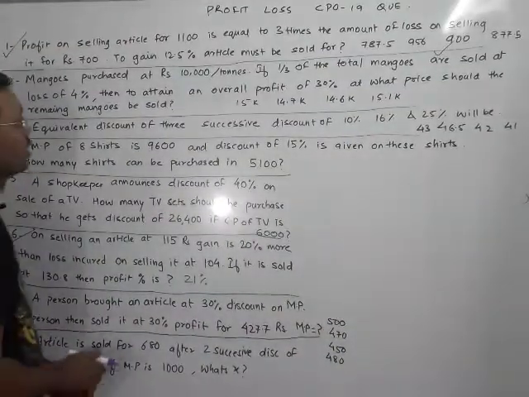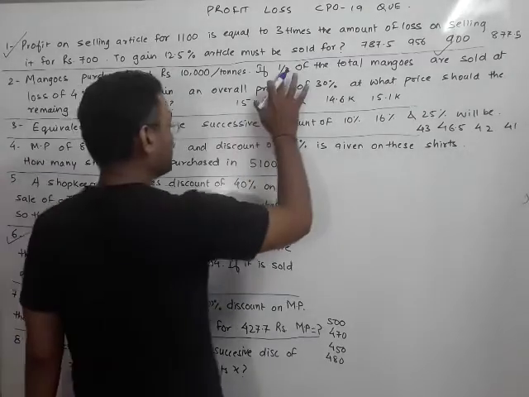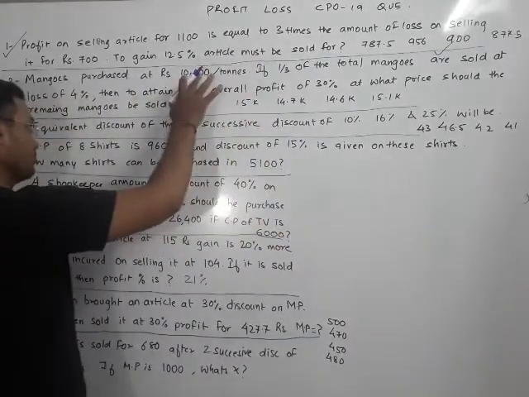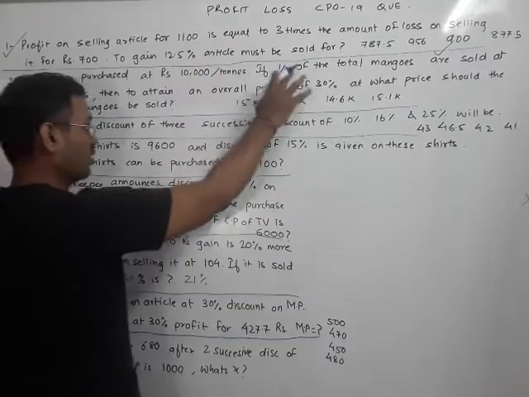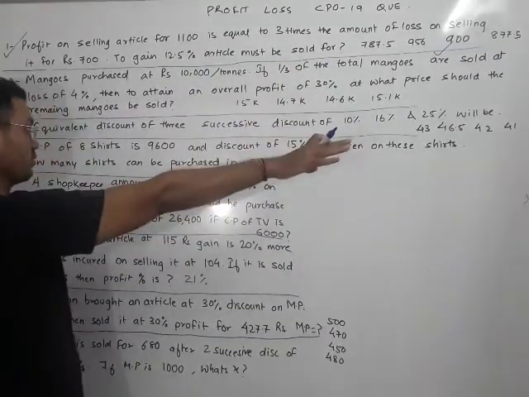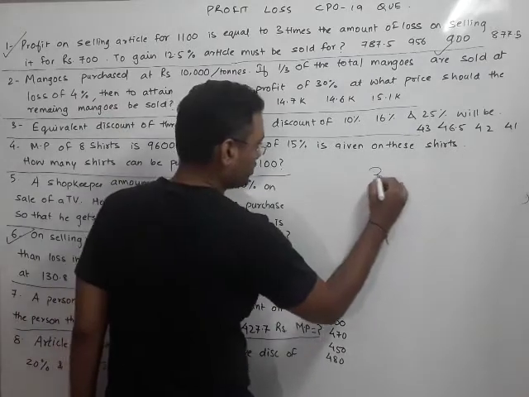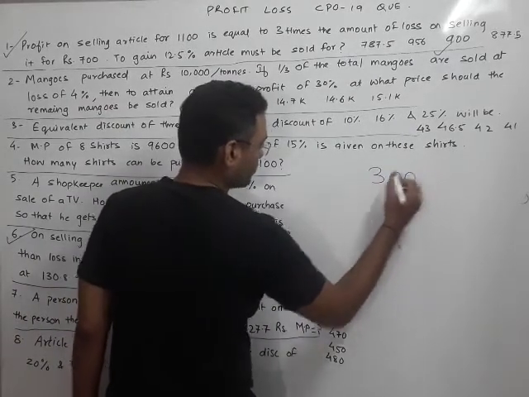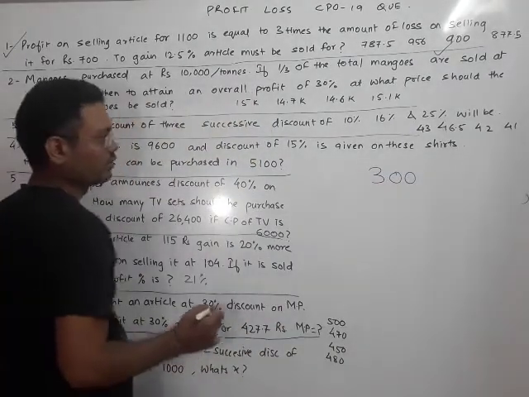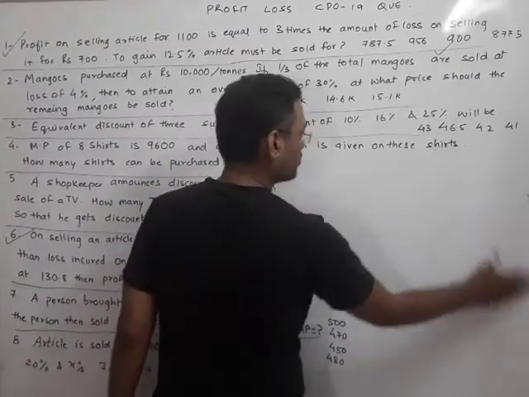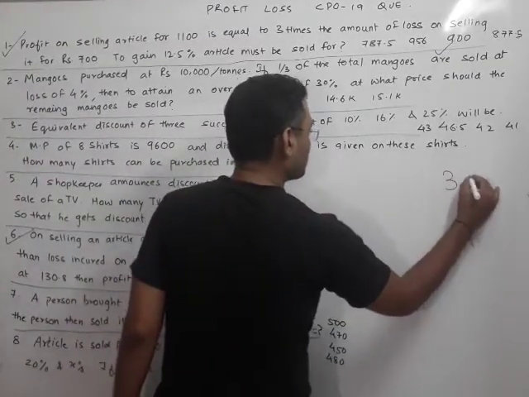Okay, now I'm saying there are some mangoes, 10,000 mangoes, and 1/3 of the total mangoes are sold. So I will say my total mangoes are 300.